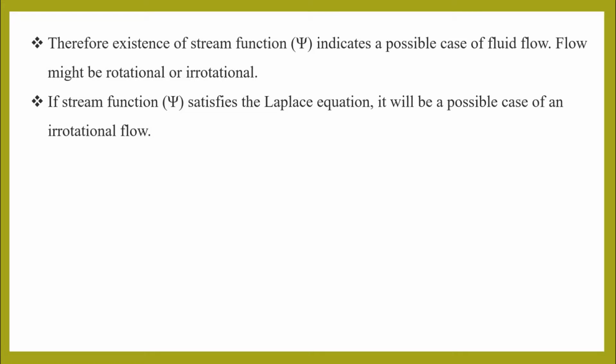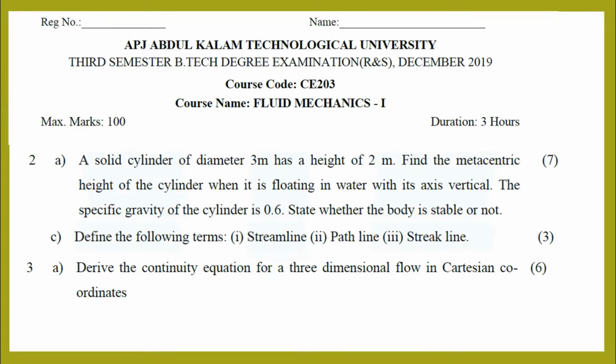So we can say the existence of stream function indicates a possible case of fluid flow, and flow might be rotational or irrotational. If the stream function satisfies the Laplace equation, it will be a possible case of an irrotational flow.